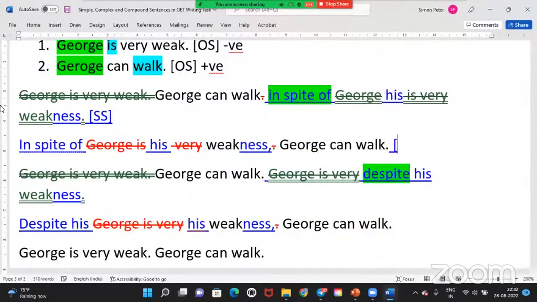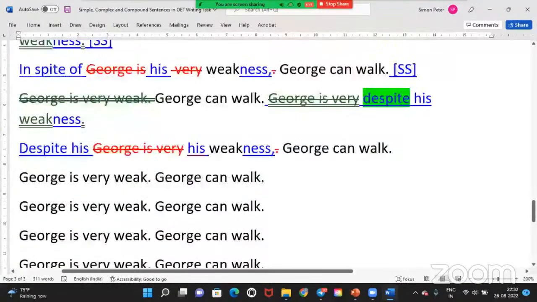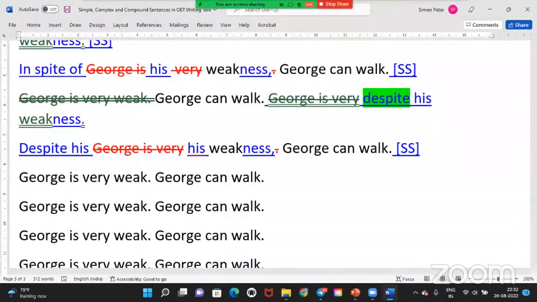One and the same, but when you put "in spite of" in the beginning, you put a comma in the middle. If you put "in spite of" in the middle, no need of comma. And this is a simple sentence using "despite". Despite is equal to in spite of. So if you want to write "despite", remove "in spite of" and write "despite", because despite is equal to in spite of. Remember that. Despite his weakness, George can walk.